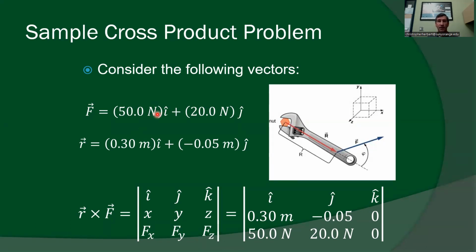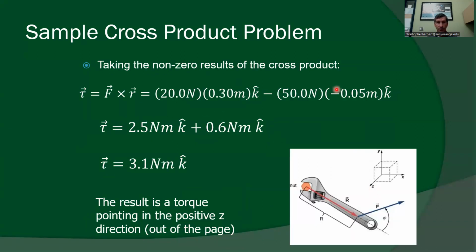It's very important that you get this in the correct order. I actually did an example of a cross product where I flipped these two, and I ended up with a torque that was pointing in the wrong direction. If you do these out of order, R cross F is actually the negative of F cross R. So I put this in my determinant, calculate the cross products using this 3x3, and I come up with these two components here.